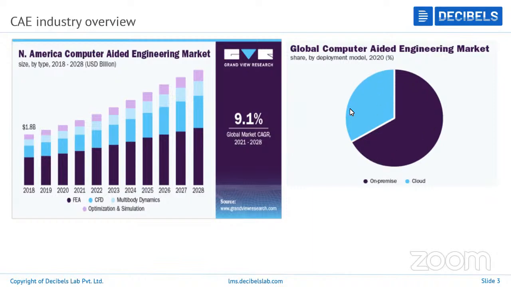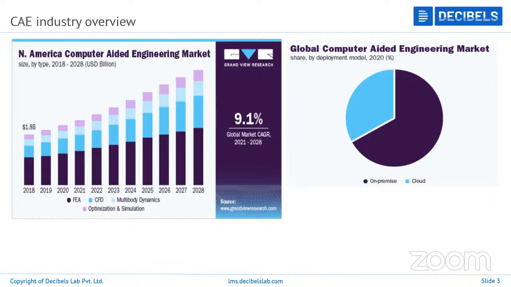What is the cloud, and what is on-premises? On-premises means somebody has the CAE software and we purchase it to use it, and they come to our place and deploy it. But now cloud is occupying. Why? It is easy to access, needs less space for data storage, and offers scalability. Compared to on-premises, cloud will work faster and enables distribution and minimal maintenance.